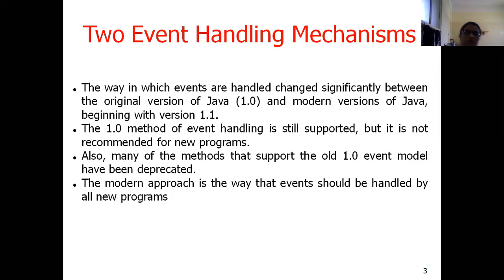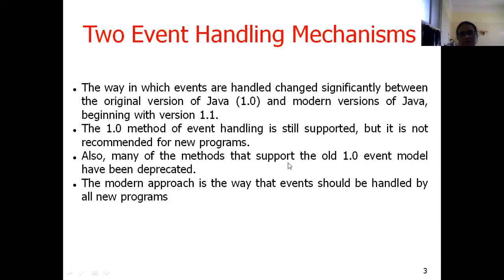So for that, we have another mechanism, the second mechanism, that is 1.1. The 1.0 method, I mean the first mechanism, of event handling is still supportable, but it is not recommended for new programs. As we have come up with modern approaches, these methods are not supportable in newer versions, which is why it is deprecated.